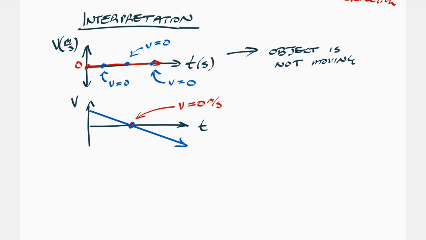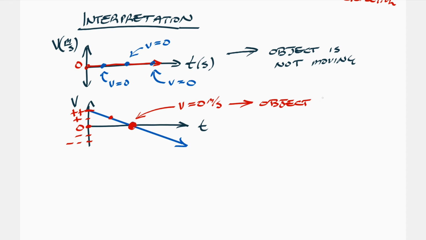Now the velocity up here is some positive velocity, and then right here it's some less positive velocity. Right here it's 0. And then we get a negative velocity and some even more negative velocity. But at this point, velocity is 0 meters per second. So the object is not moving.